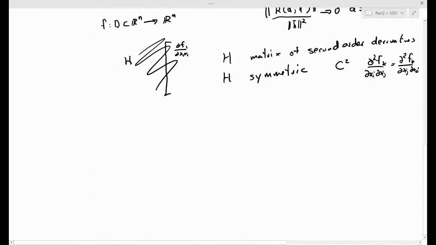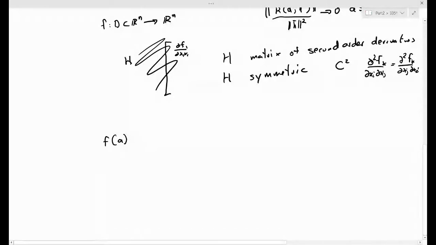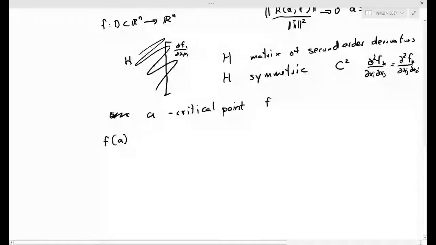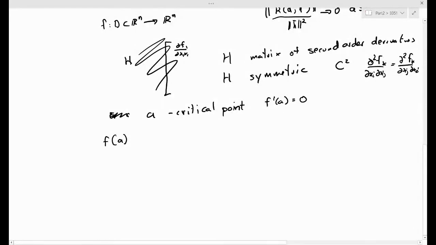Right? So the idea was for a function from R to R, if you have a as a critical point, then a necessary condition is that the derivative is 0, assuming your function is differentiable.